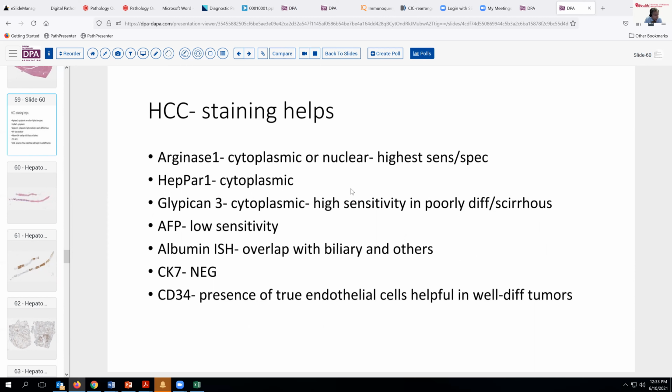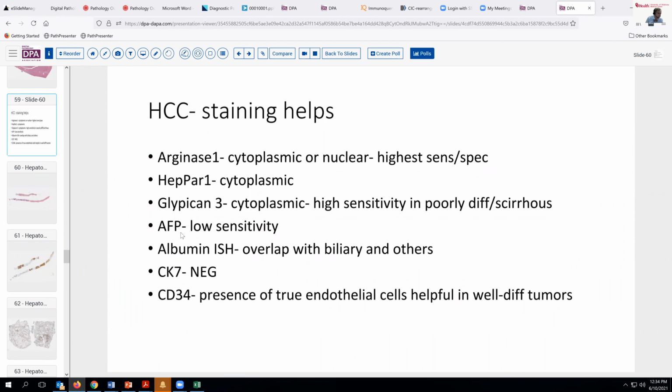Albumin in situ hybridization actually is a fairly useful tool, particularly with identifying intrahepatic cholangiocarcinomas. And so we are getting more and more requests for doing this kind of testing when the differential includes intrahepatic cholangiocarcinoma versus metastatic pancreatico-biliary carcinomas.